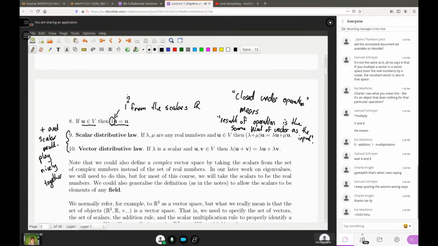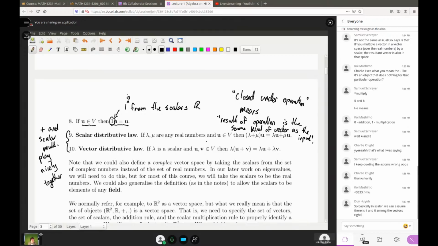If you have lambda plus mu times a vector, you can do the addition first, or you can scale the vector individually by lambda and by mu and then add the results. And similarly, if you scale the sum of two vectors, that's the same as scaling those two vectors individually by that amount and then adding them. These operations of scaling vectors by amounts and adding them play nice together.